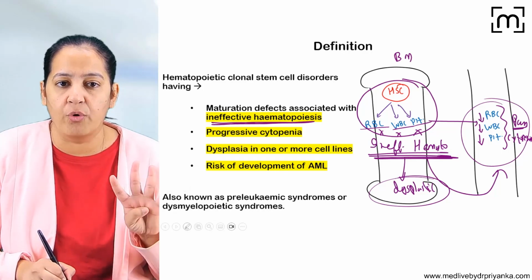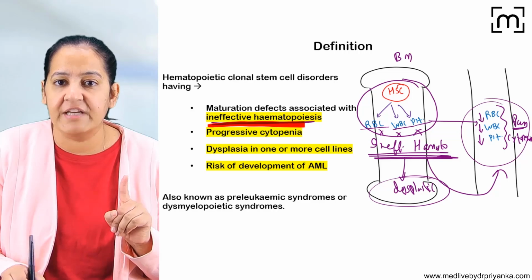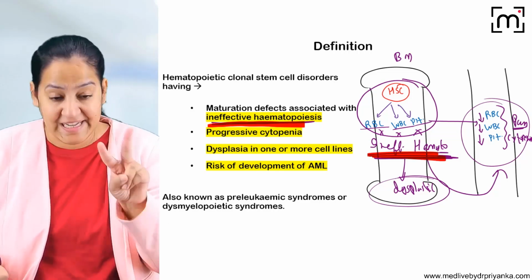So what are the four criteria of defining MDS? Number 1, the most important is ineffective hematopoiesis in the bone marrow, where blood cells cannot be formed properly due to mutation. That leads to 2 things.